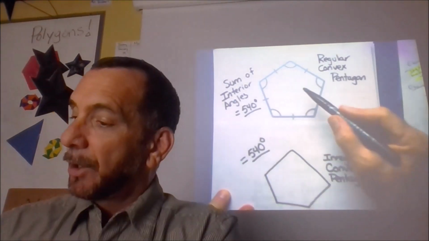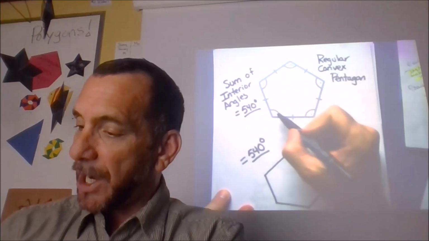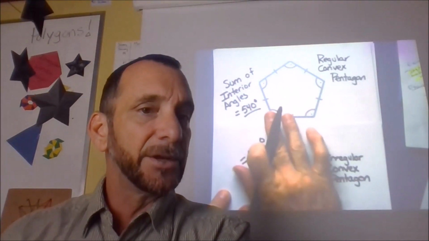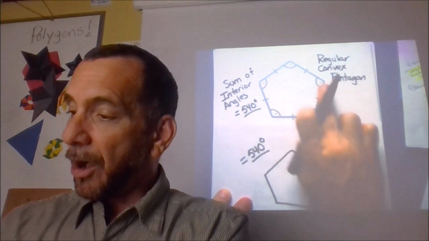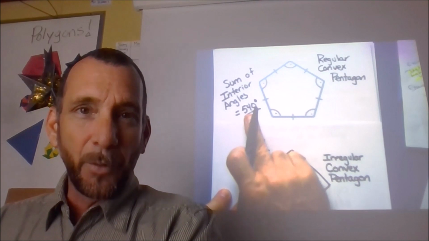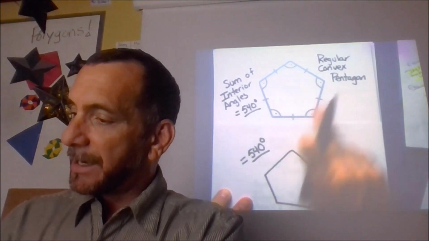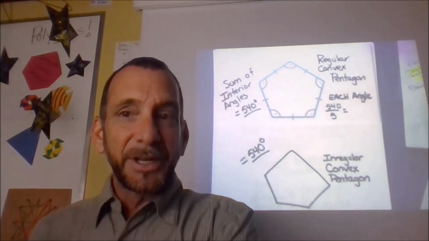However, we can ask what is the measure of each angle inside a regular convex pentagon. Because they are all equal and they add up to 540, can't we find the measure of each one? And so look at this.